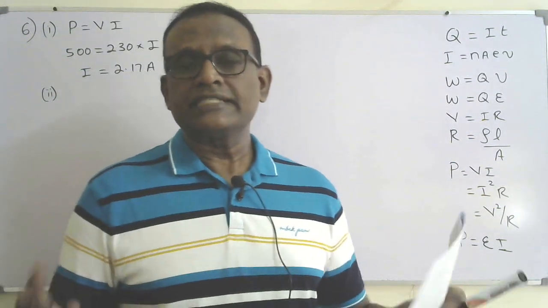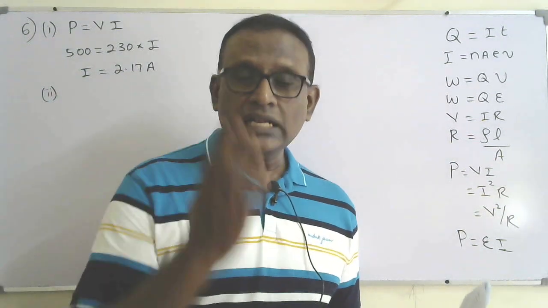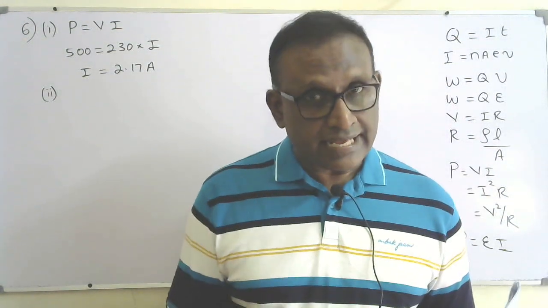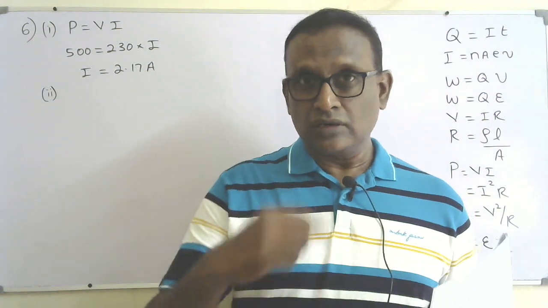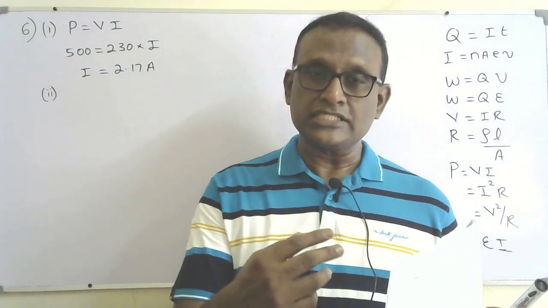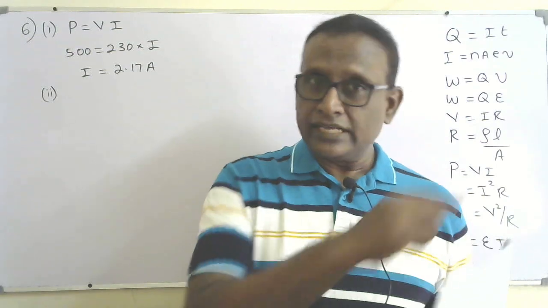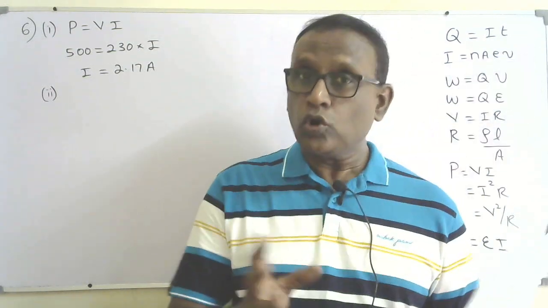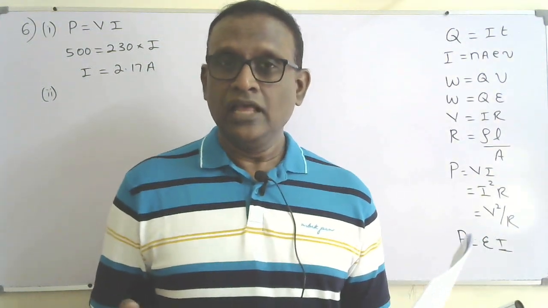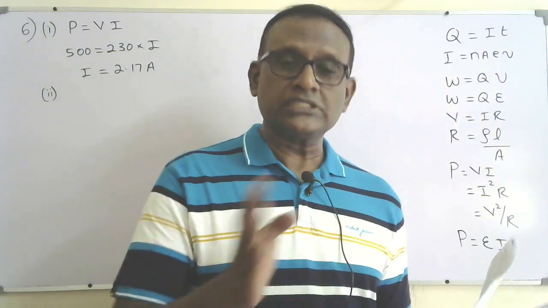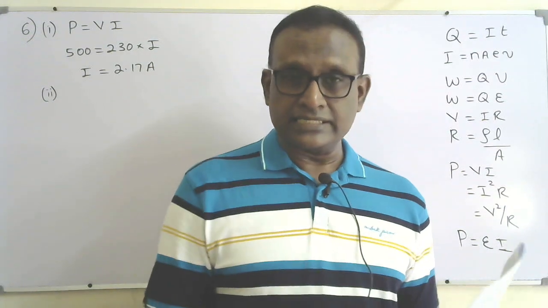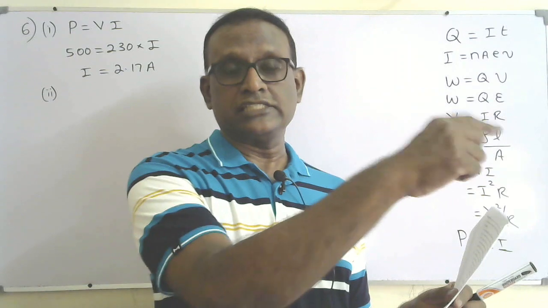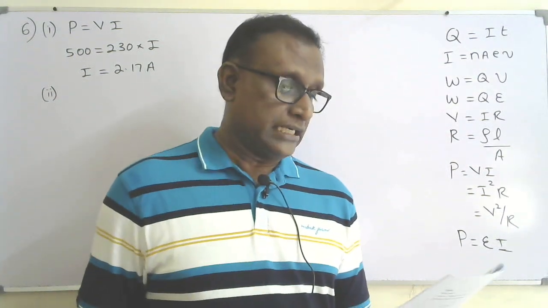So both are made of the same material means both will have the same charge carrier density and the same resistivity, but the coil is much thinner than the wire which is used in the supply cable.